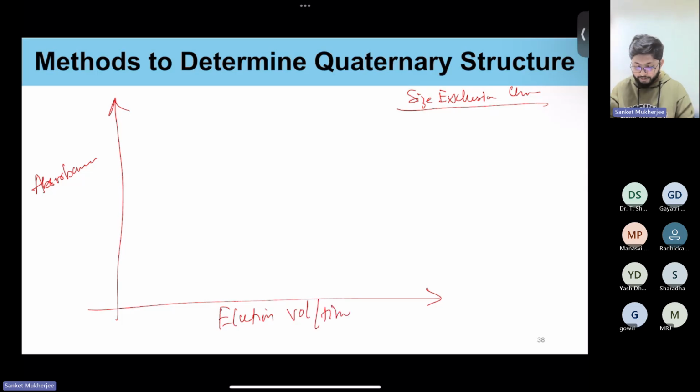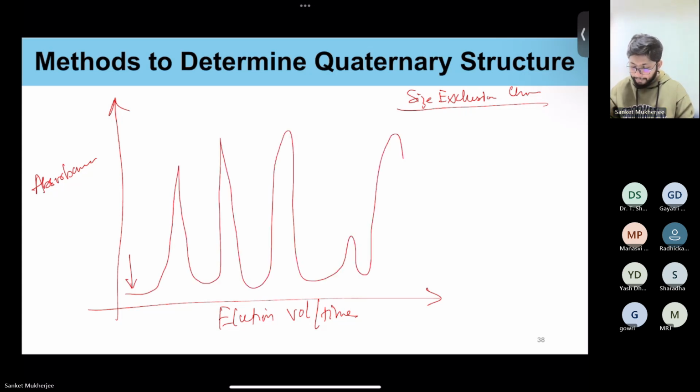After sample injection, let's say a sample is injected here, you will see different peaks like this. These peaks, if your sample is in pure form, will give you the different oligomeric states of the protein.